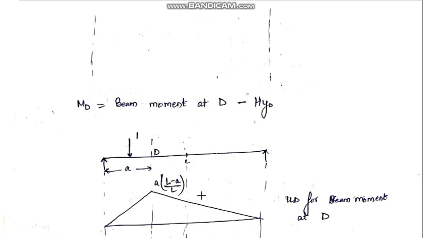So the ILD for this term can be drawn like this, and this value we also know: it is a into 1 minus a by L, which can also be written as a into (L minus a) by L.